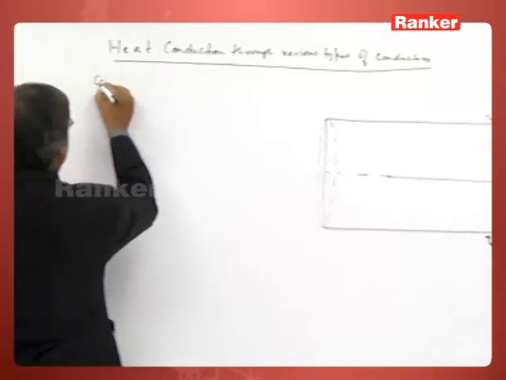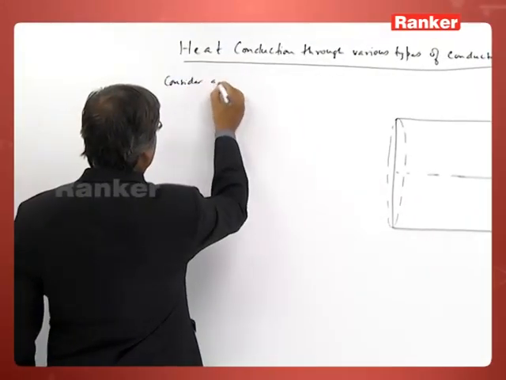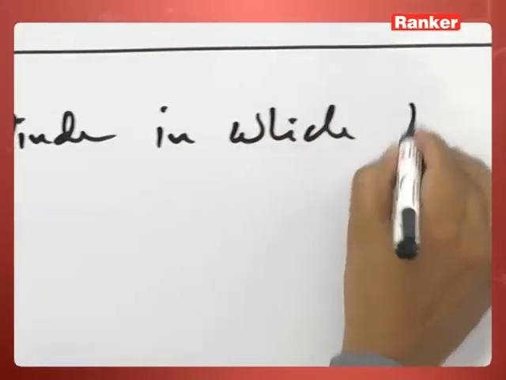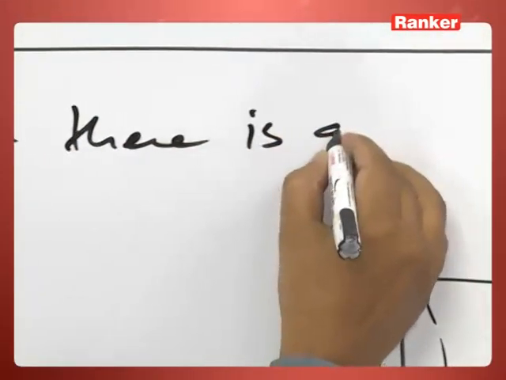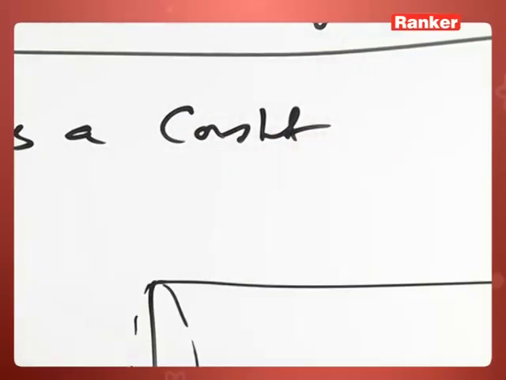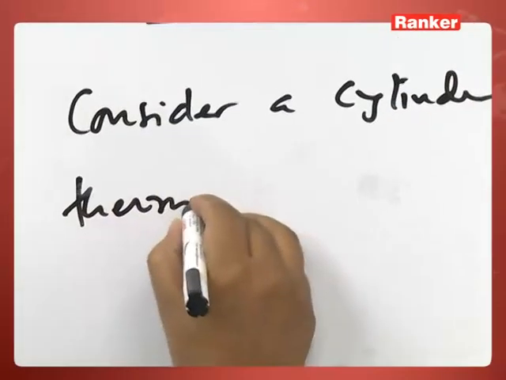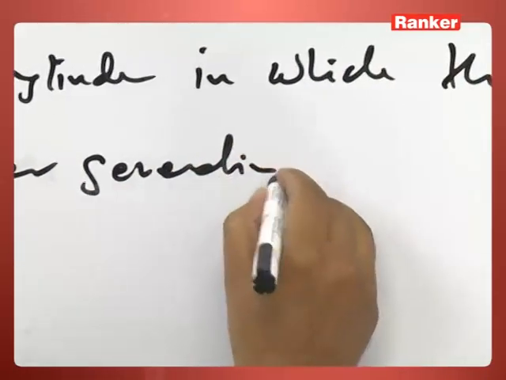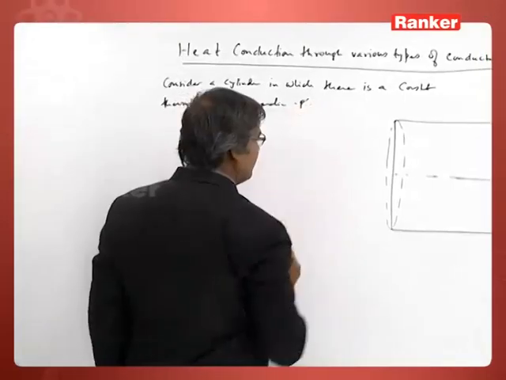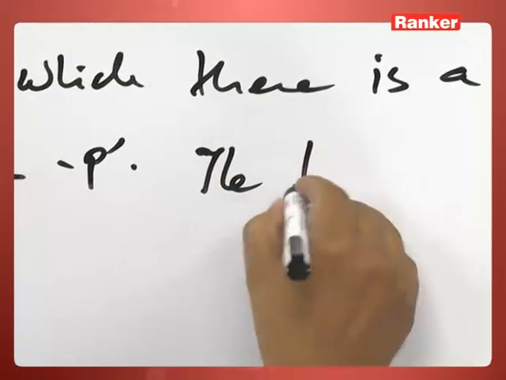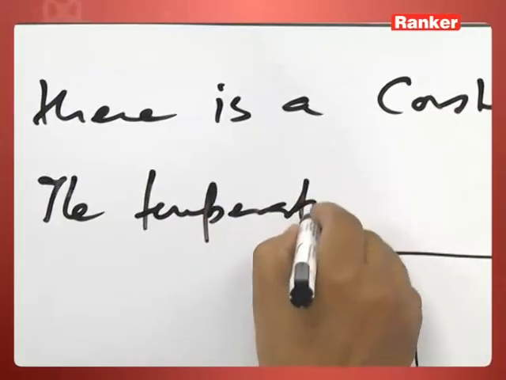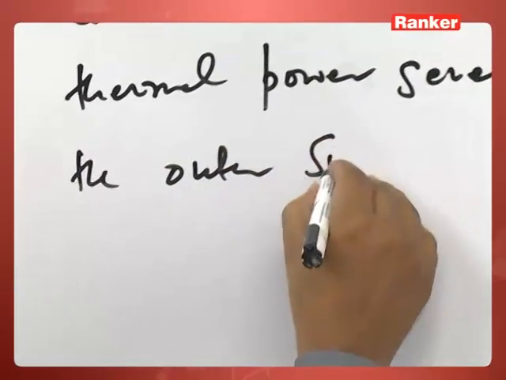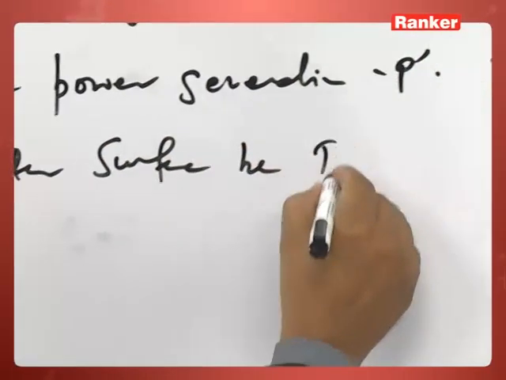So, consider a cylinder in which there is a constant thermal power generation P. The temperature at the outer surface be T naught.